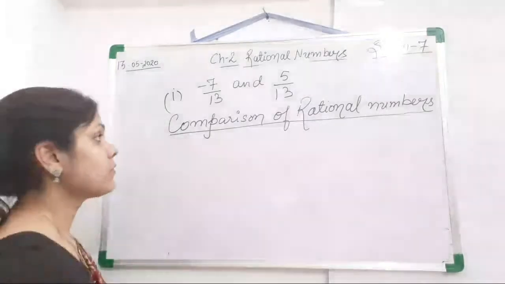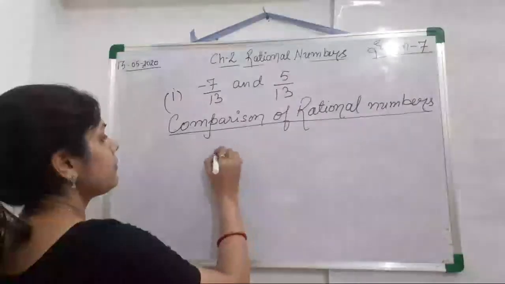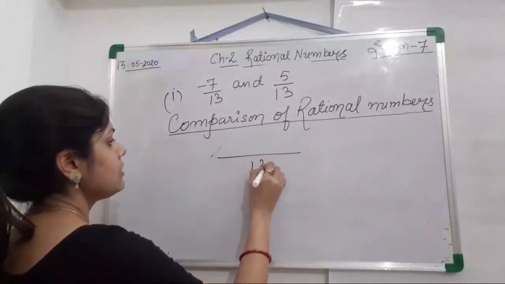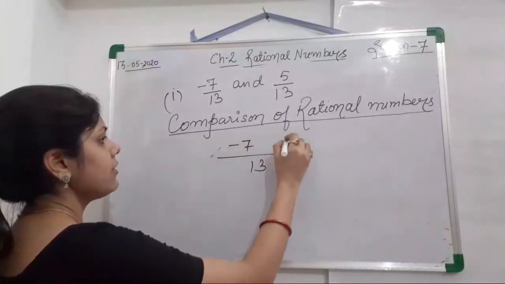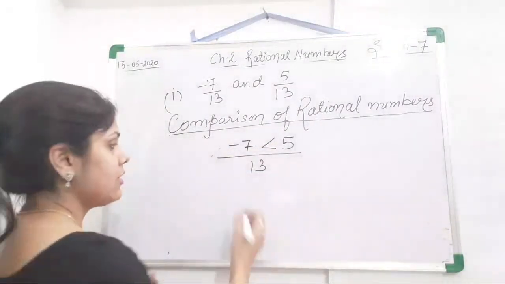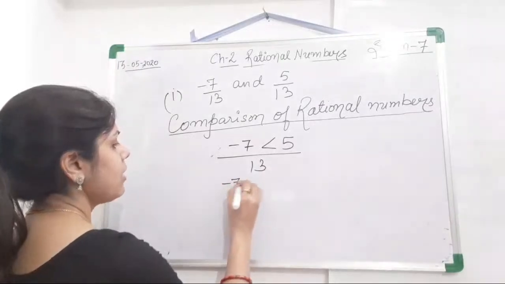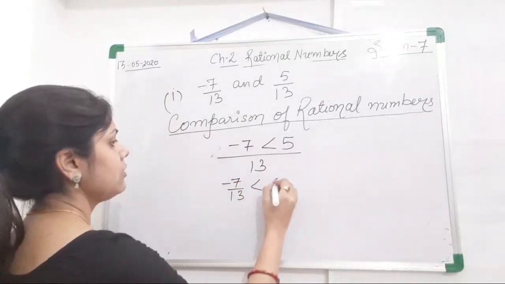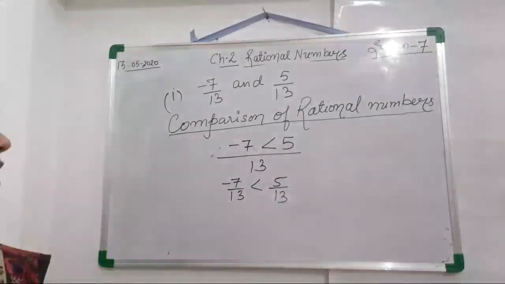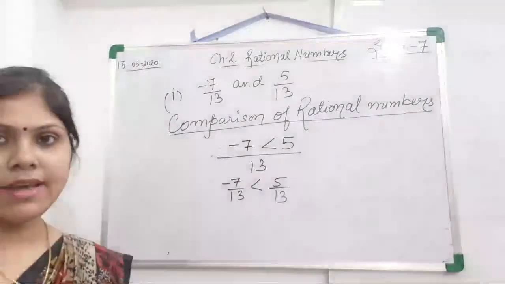So here, with 13 as the denominator, in minus 7 and 5 you can see 5 is greater. That means you can write 5 upon 13 is greater than minus 7 upon 13. So like this you have to do.